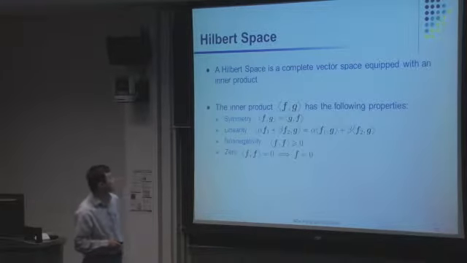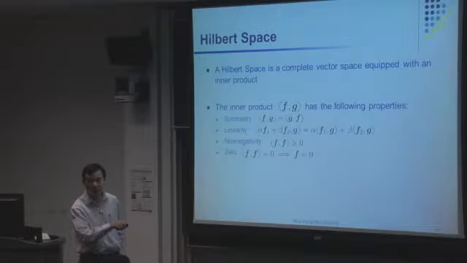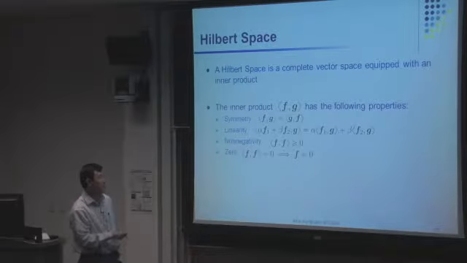And then what is a Hilbert space? Well, a Hilbert space is a complete vector space equipped with the following linear algebra operations. You are familiar with all this already. It should be equipped with this inner product operation. The inner product has the following character. It's symmetric. It is linear. It is non-negative.